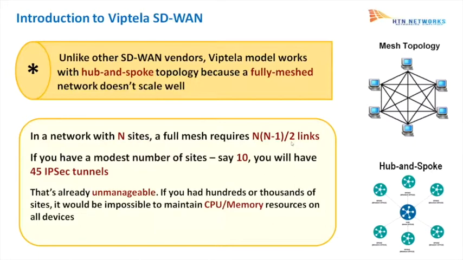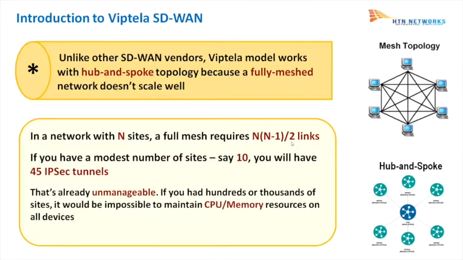Some customer will ask, what is the downside in hub and spoke compared to the mesh? There is no downside in hub and spoke. The downside is on the full mesh solution.